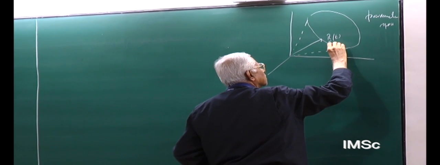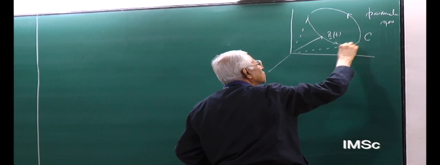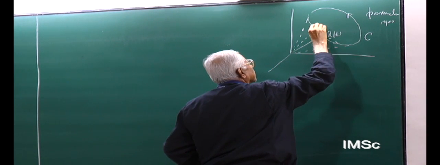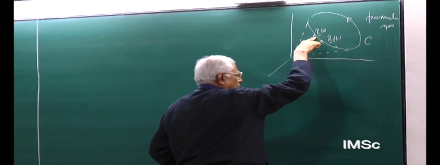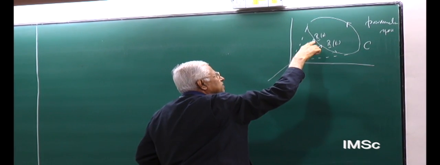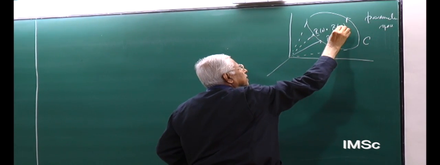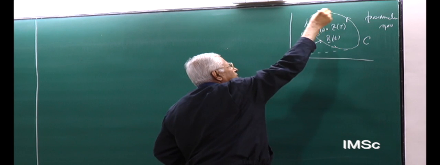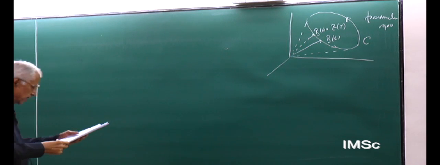As time rolls on, this thing goes through a closed loop in parameter space. So you can imagine this is the parameter set at time 0, and we are imagining that at the time capital T, the parameter goes all the way and comes back to the same point. So this is the diagram I had drawn yesterday.